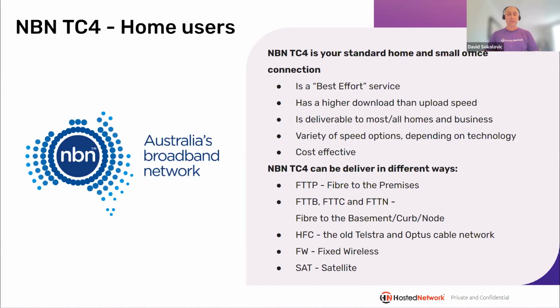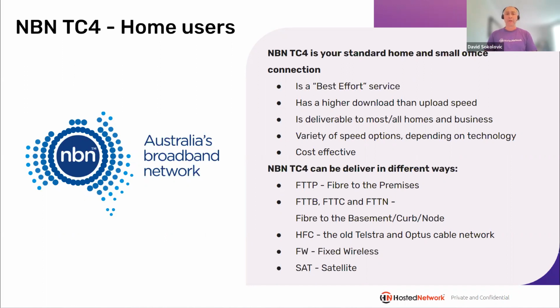And FTTN, or fiber to the node, will still use copper line terminated streets away. The speed and performance of these services depend on the length and the state of the copper. And remember, the whole reason for NBN was the old internet services weren't up to scratch because they were using old copper phone lines. Unfortunately, those old copper phone lines are still being used in these TC4 services. So these services will not run at full speed due to the copper lines acting like a choke point.